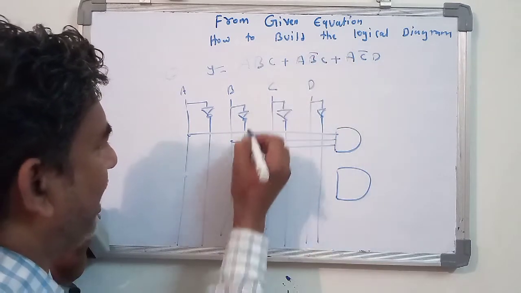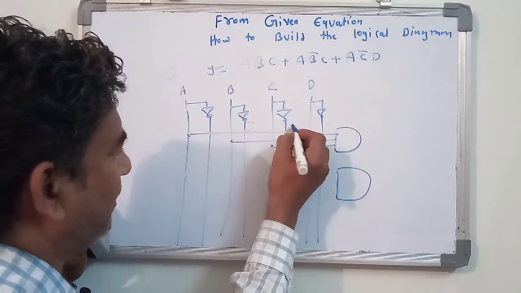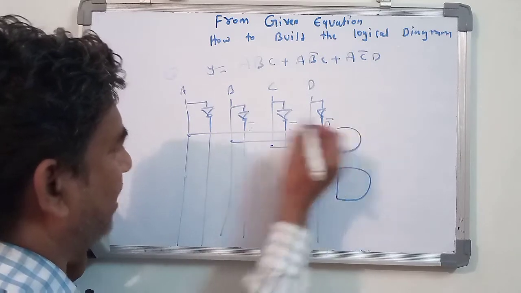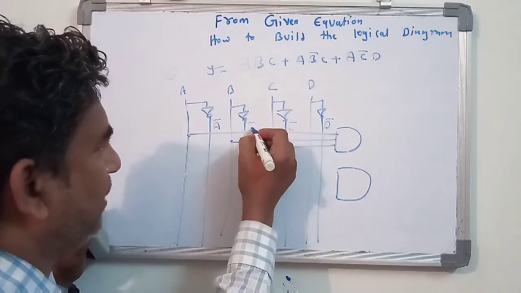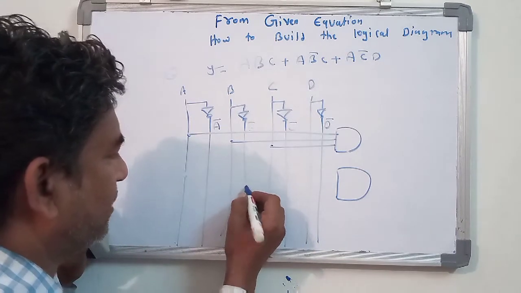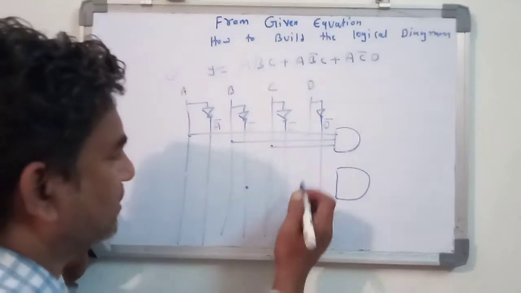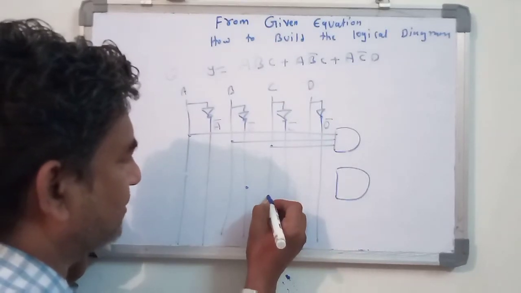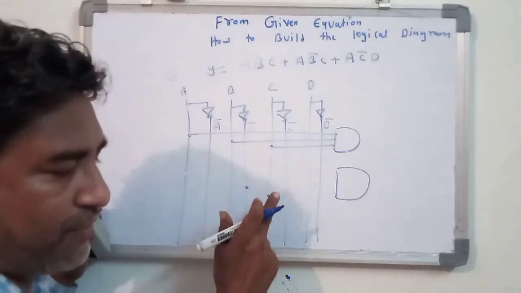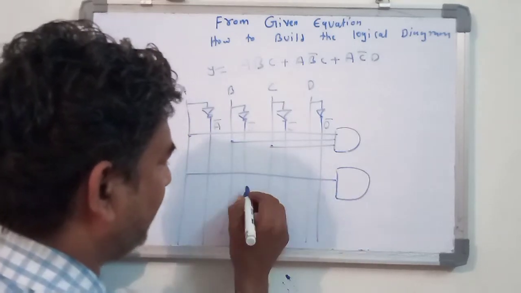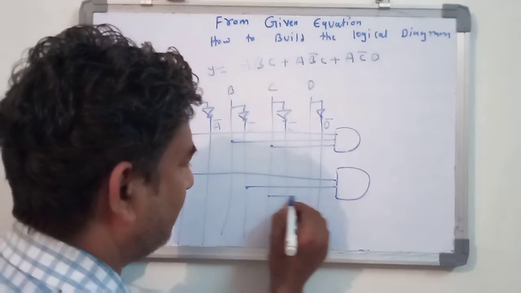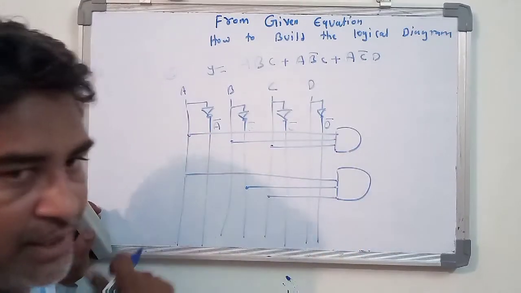The B bar line, here is the B bar, here is the C bar, here is the D bar, and here is the A bar. Okay, this B bar line, you just mark it. Then the C line, this is the C line, you just mark it first of all. And then by using proper scaling, you connect it with the input of this gate.